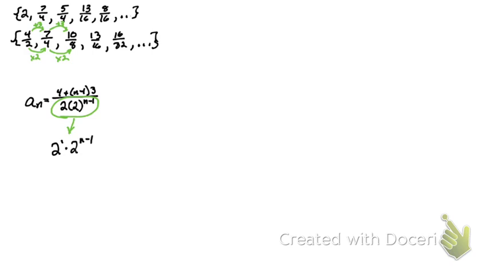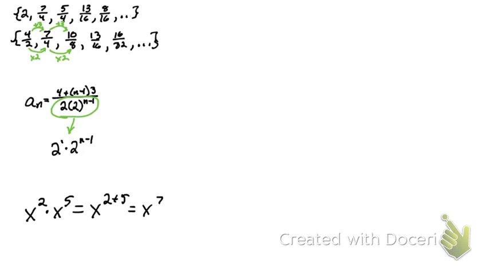Now, I'm going to show you a power rule. If you have x squared times x to the 5th, when you are multiplying things that have the same base, x and x, you can add your exponents. This would turn into x to the 2 plus 5, which would equal x to the 7th. So if you look here, I have 2 to the first, 2 to the n minus 1.